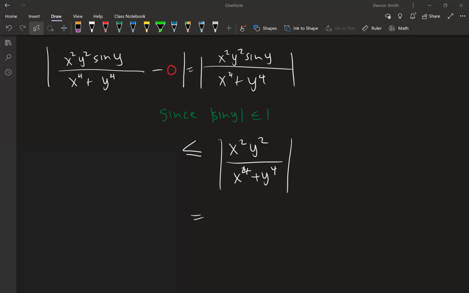Other ideas? Give the denominator more power.